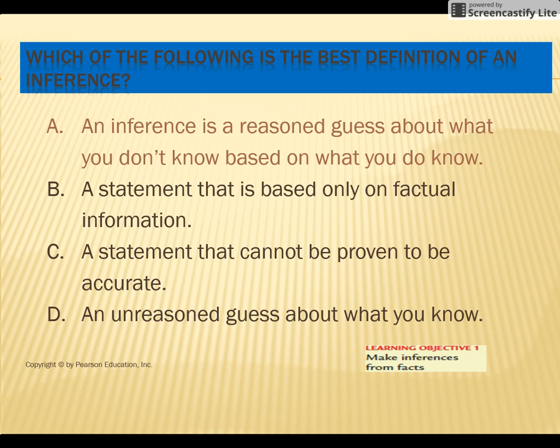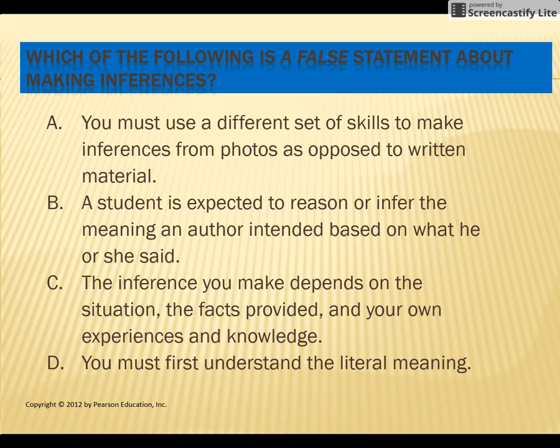A, correct. A is stating that you're making a reasoned guess about the information that is implied within the text, okay? And you're using your background knowledge to help generate that reasoned guess. Which of the following is a false statement about making inferences?